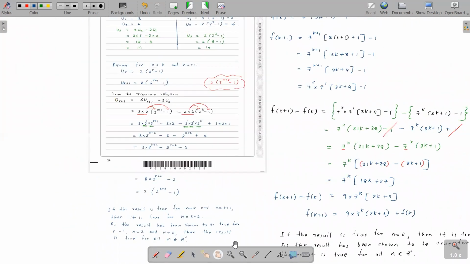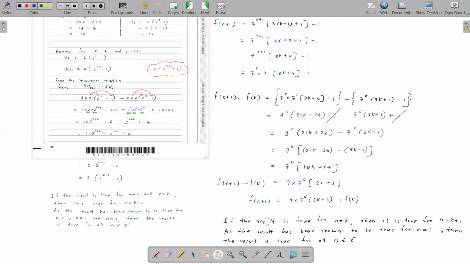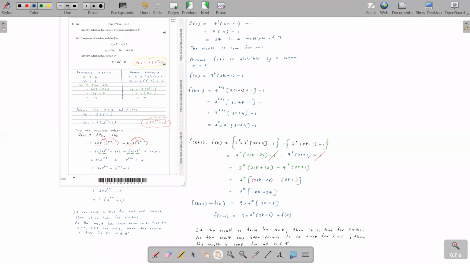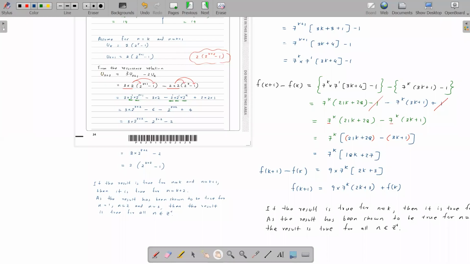Are you with me? This is the answer. Okay, is this clear? So this is the end of the Jan 2020 F1 paper.